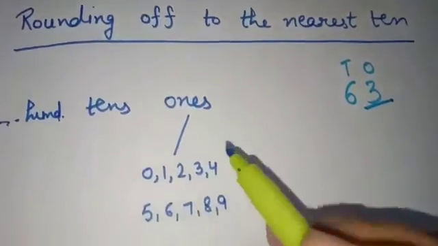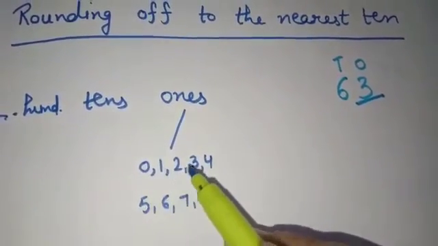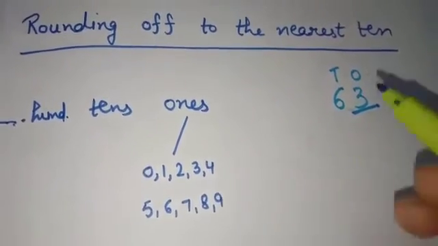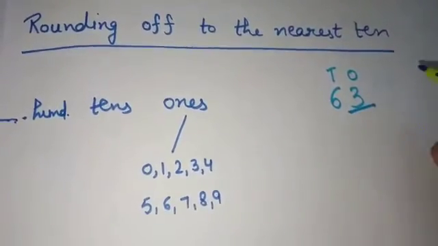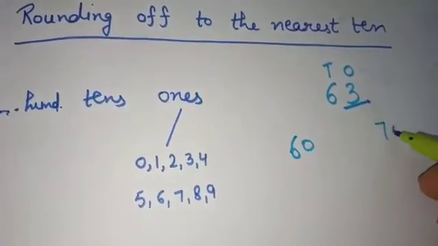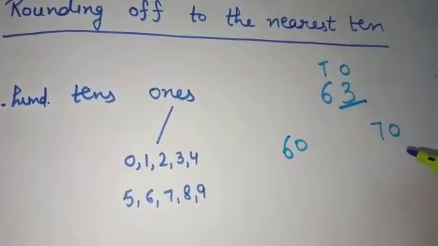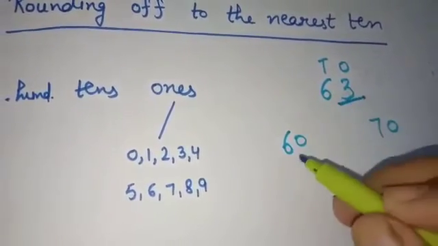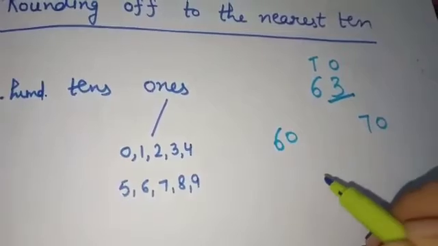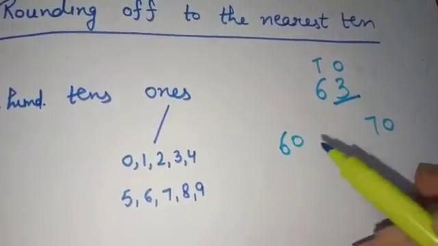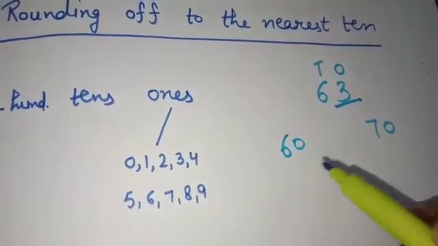The ones place digit may be 0, 1, 2, 3, 4, 5, 6, 7, 8, 9. This 63 lies between 60 and 70. We need to think of the multiples of 10 between which the given number lies, that is 60 and 70. So now the question is, what will be our answer, 60 or 70?